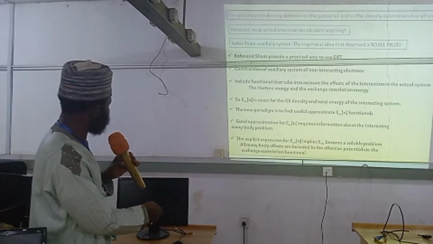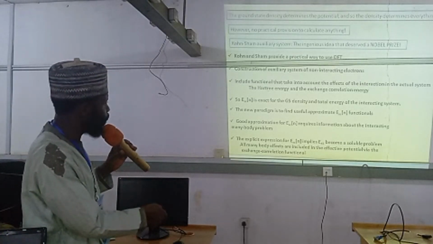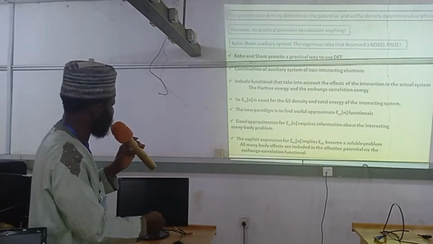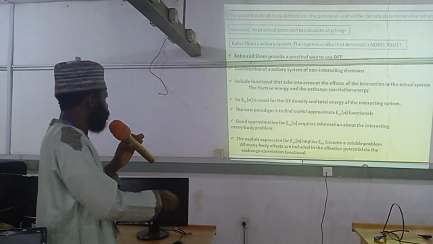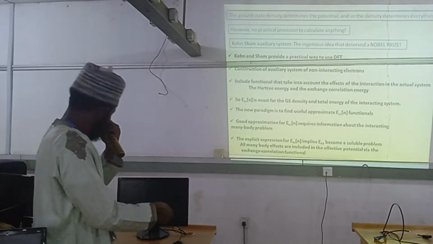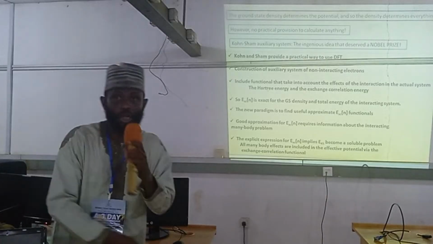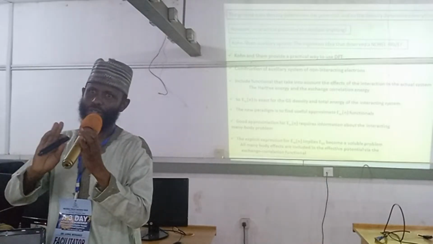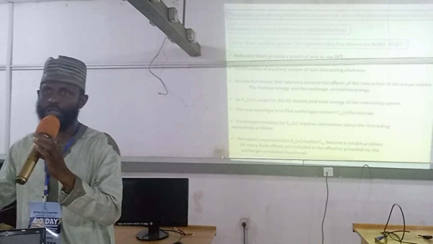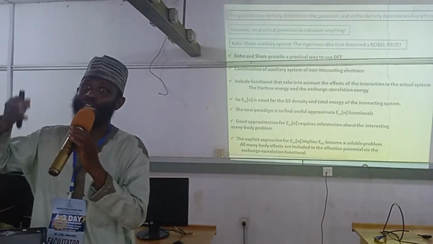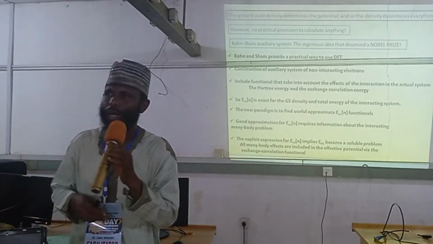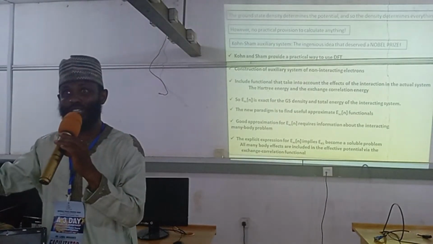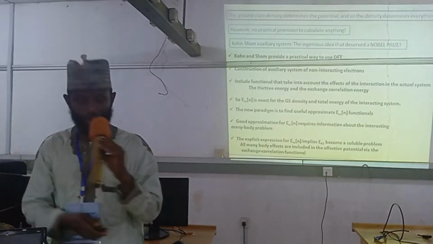So this expression implies that the problem becomes soluble. All many-body effects are included in the effective potential via the exchange-correlation functional. This is what I said before: we have an effective potential that contains the external potential, the Hartree term, and also the exchange-correlation functional.